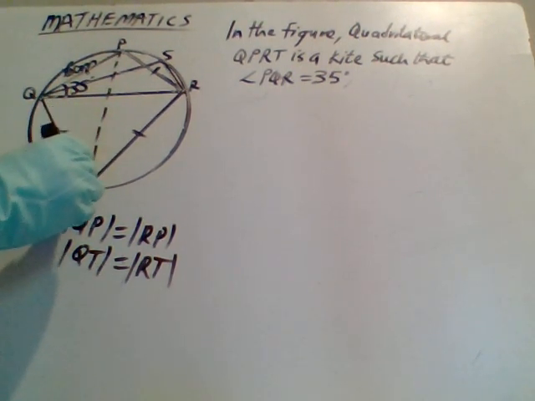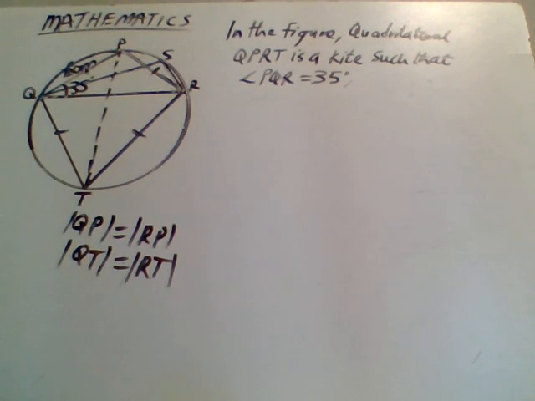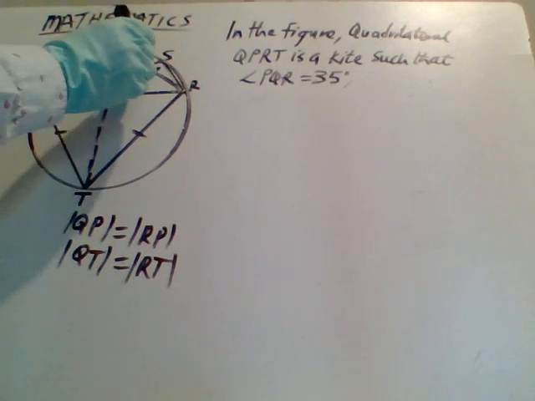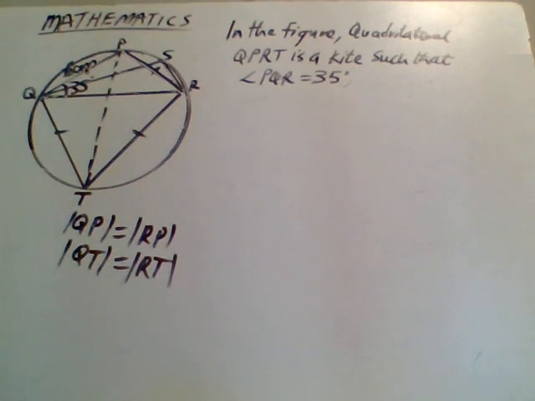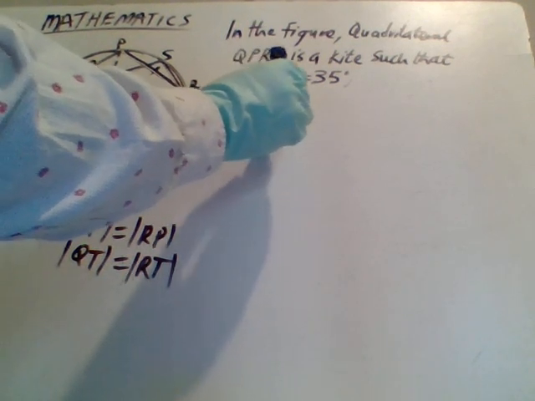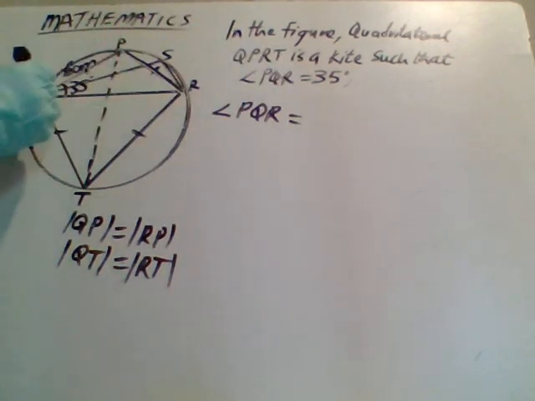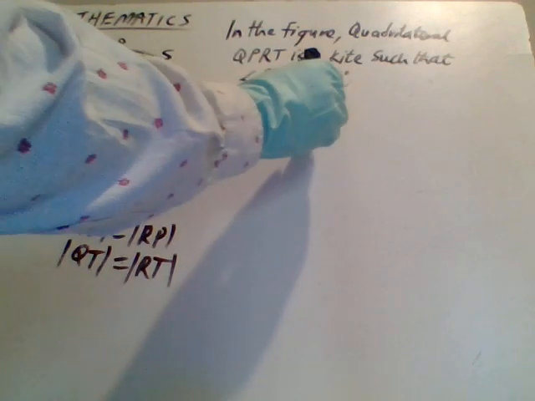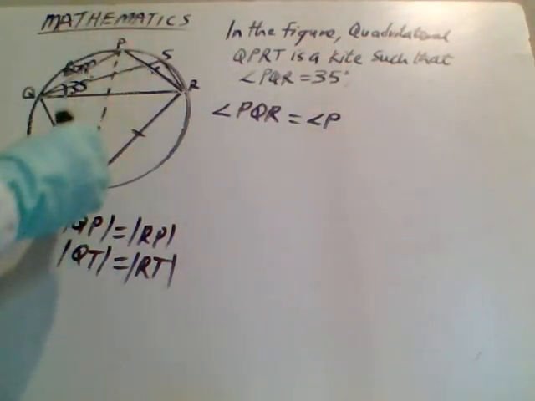to join at T, and then consider this a chord. And then this angle here, angle PQR, is equals to angle PTR.